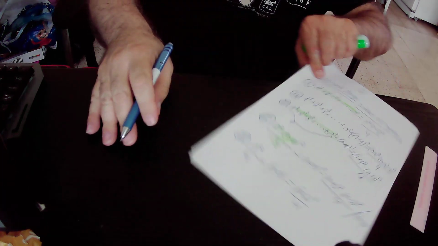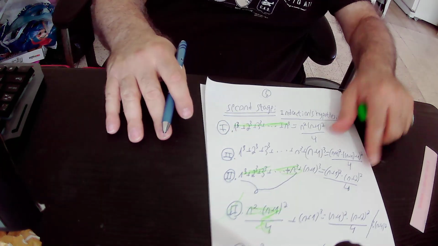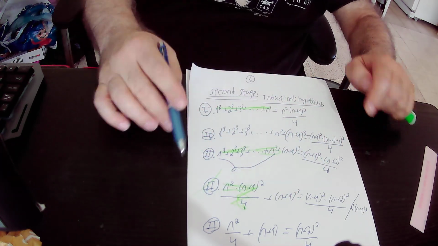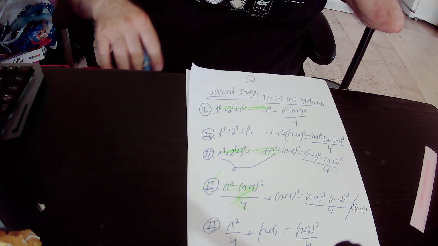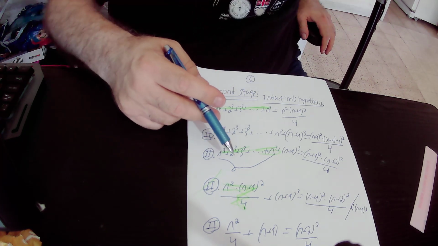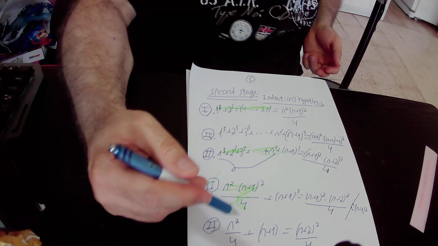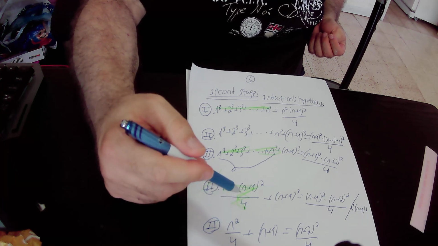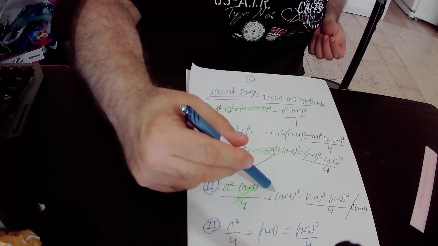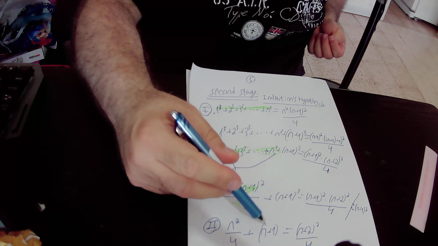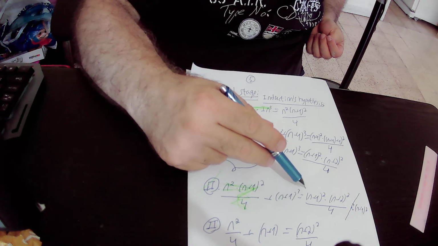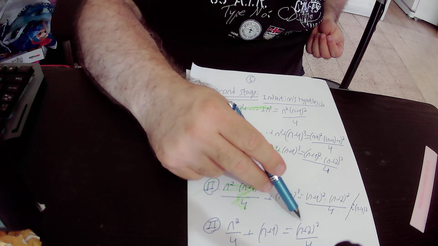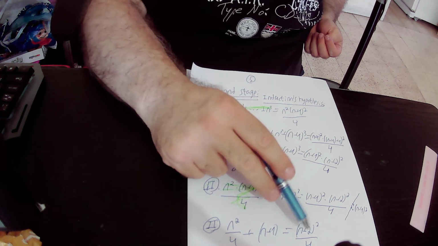So here we got this line after we divided both sides of the equation by n plus 1 squared, because n squared times n plus 1 squared divided by n plus 1 squared is n squared, divided by 4, and n plus 1 to the power of 3 divided by n plus 1 squared will be n plus 1, and n plus 1 squared times n plus 2 squared divided by n plus 1 squared will be n plus 2 squared, divided by 4.